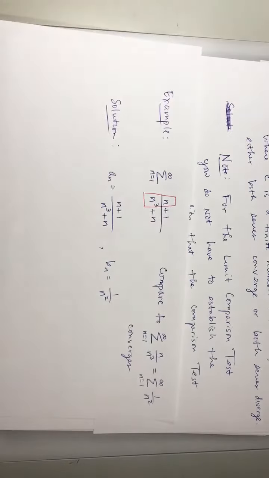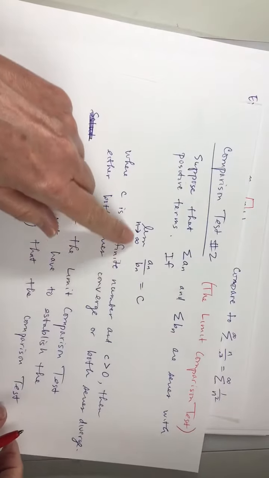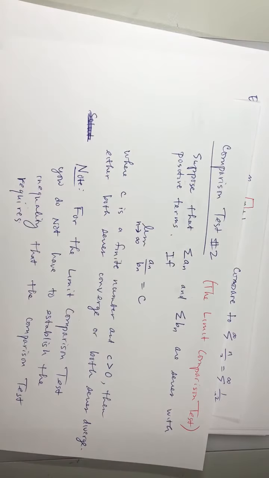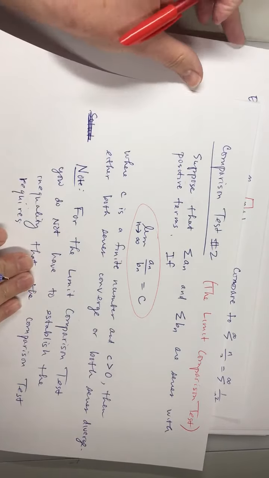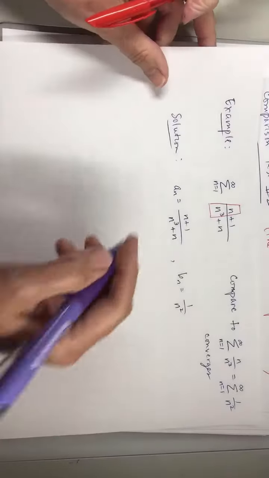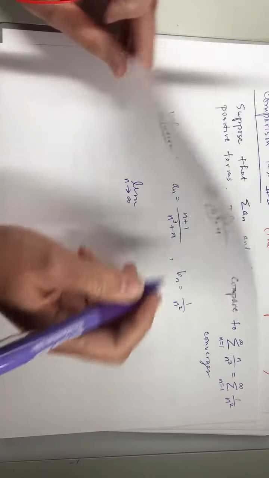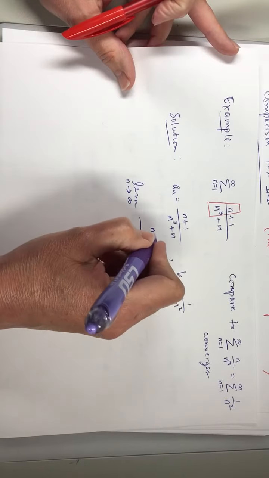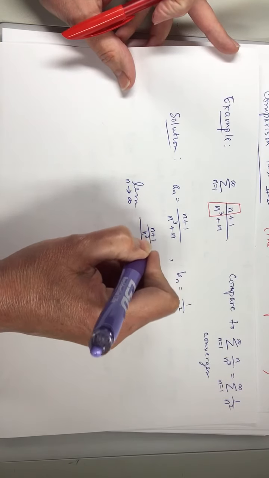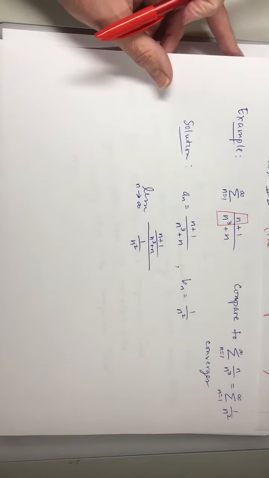And the limit comparison test tells us that we're going to find this limit right here. So I'm going to find the limit as n approaches infinity of a sub n, which is n plus 1 over n cubed plus n, over b sub n, which is 1 over n squared.